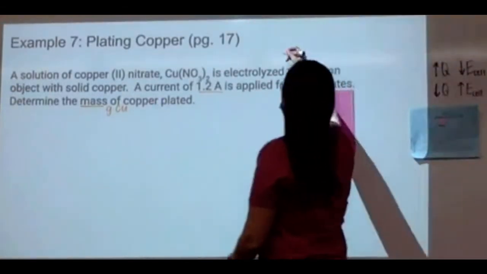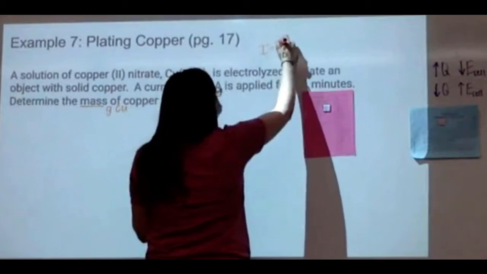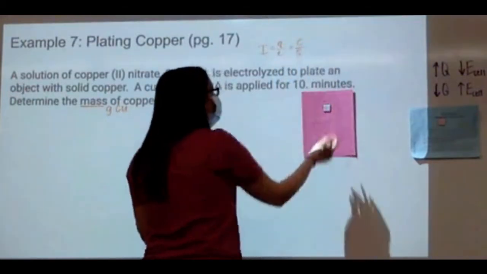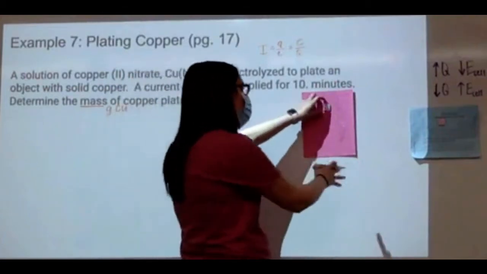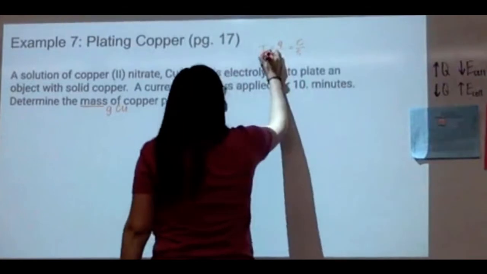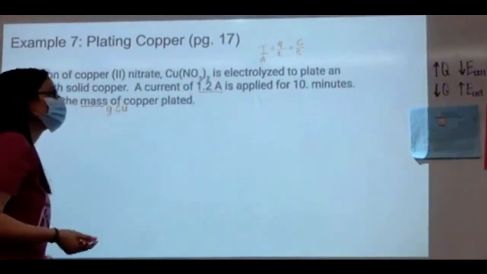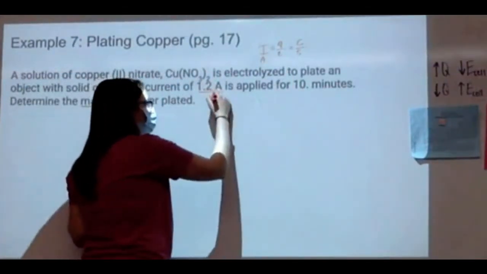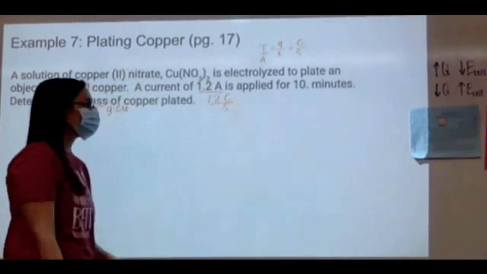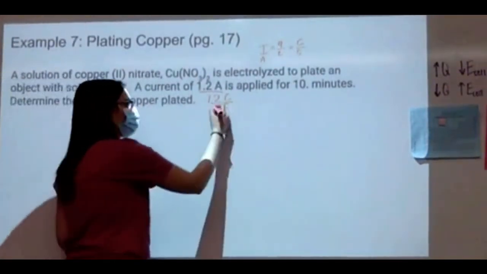So the equation sheet tells you I equals Q over T, which is coulombs over seconds. So the equation sheet even reminds you that amps are coulombs over seconds. So 1.2 amps is 1.2 coulombs per second. Well, per second means per 1 second.